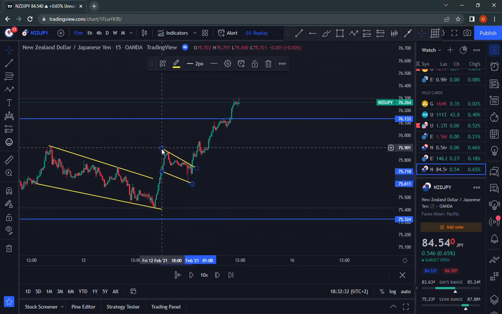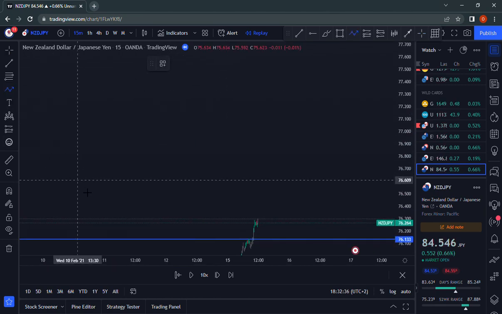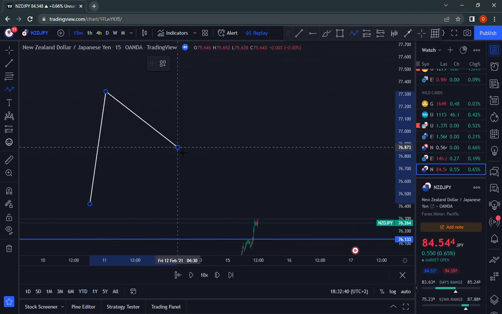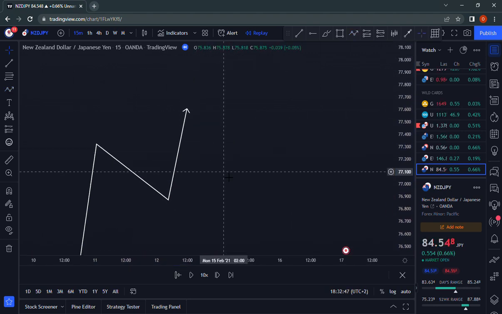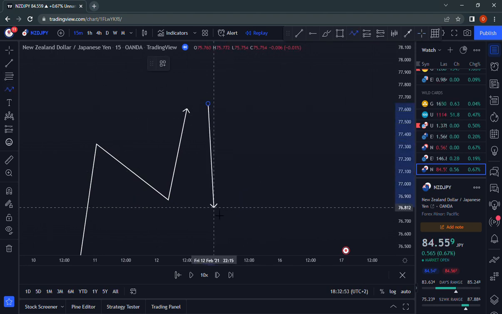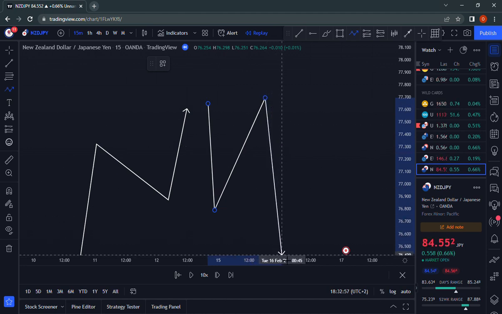What we need to understand, the most important thing with this, is that for every move up, a correction is needed. And after the correction, another move up is needed. That is a must. You understand? So for every move down, a correction is needed. And another move down is going to come.